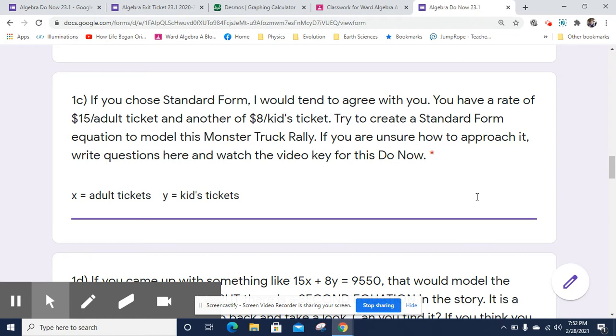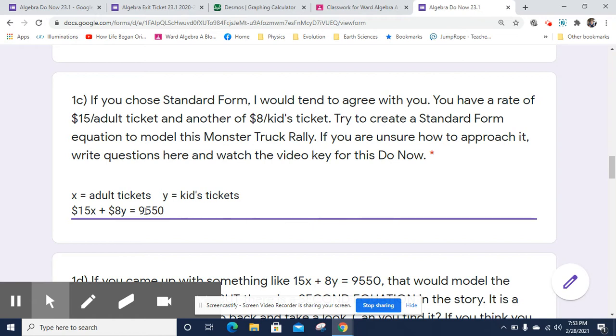We have $15 per adult ticket, so $15 times X would get you the total amount of money made from adult tickets. And $8 times Y would get you the total amount of money made from kids tickets. And overall, you made $9,550.